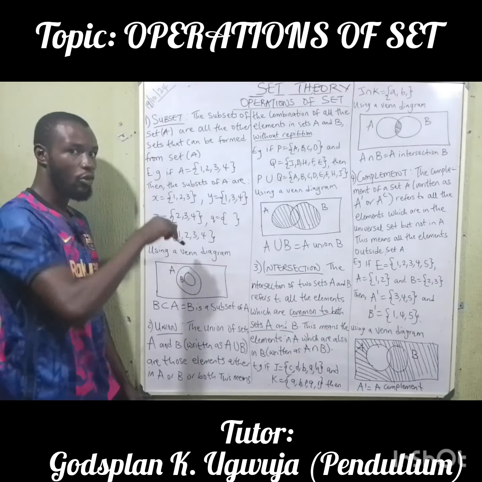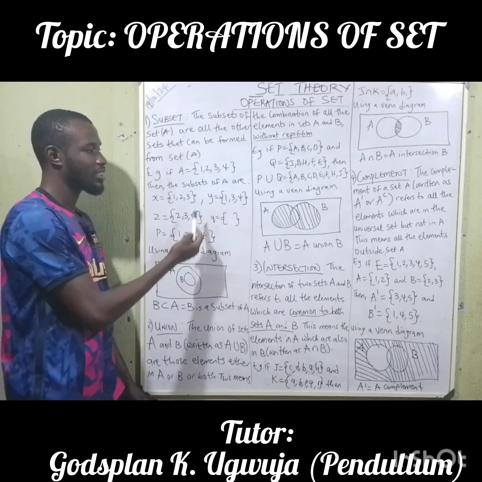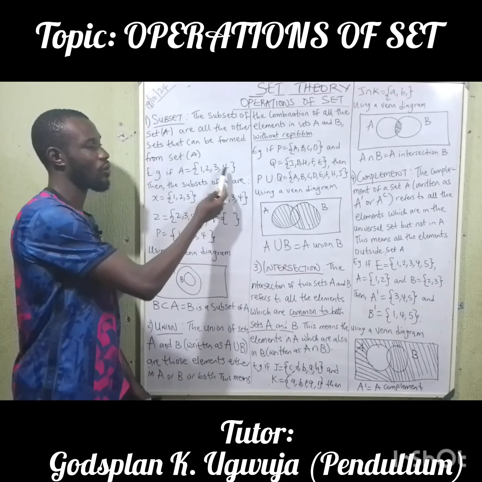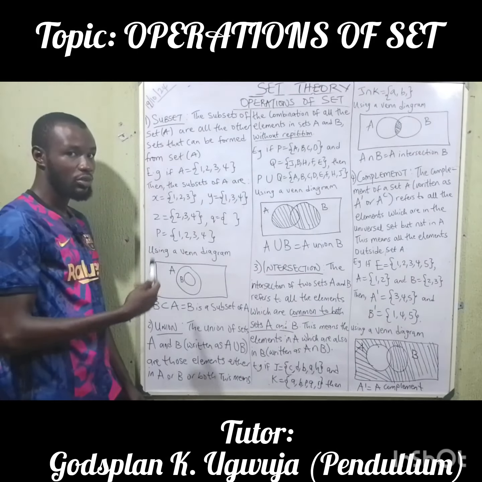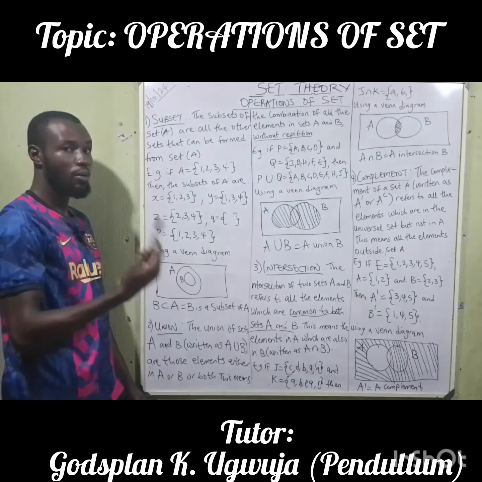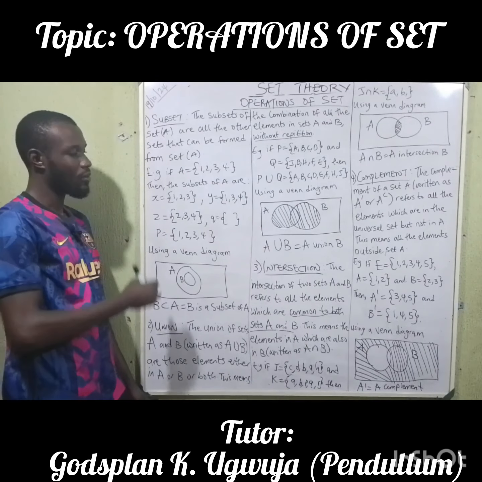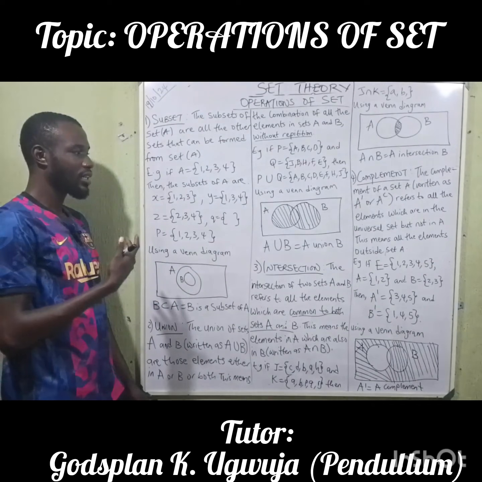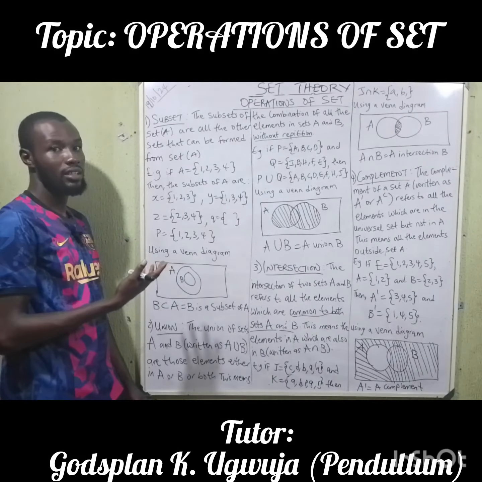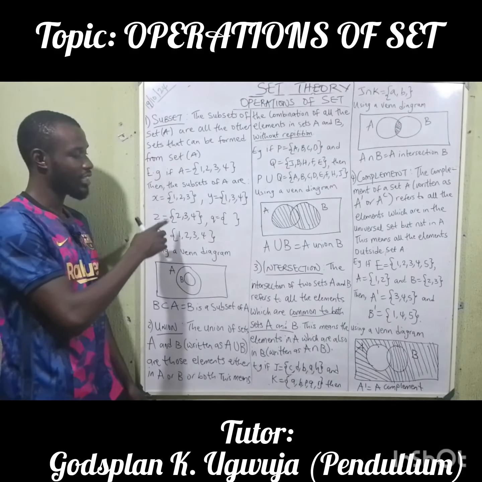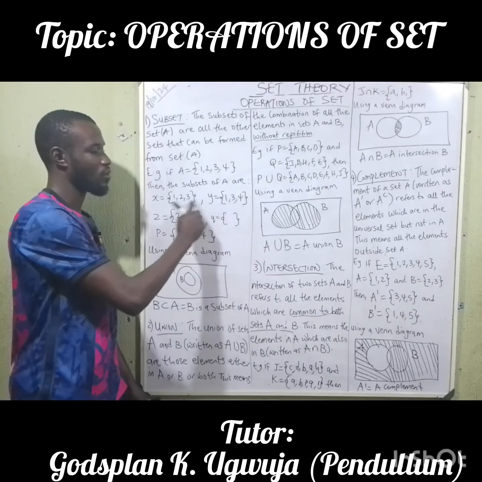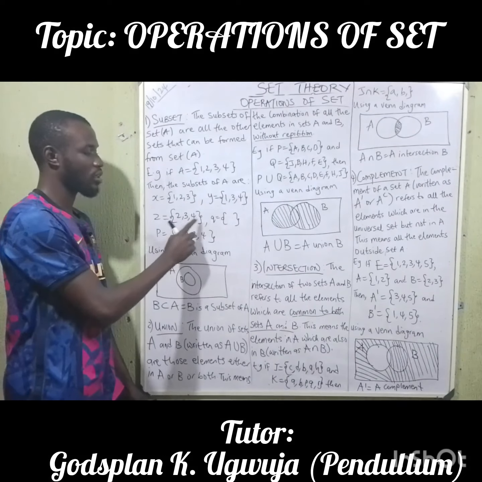That can be a set you form out of set A. You can make set Y, which is 1, 3, 4. Another possible subset of A. You can also form another set, 2, 3, 4. Now in this case we are forming sets with 3 elements: 1, 2, 3, 1, 3, 4, 2, 3, 4.